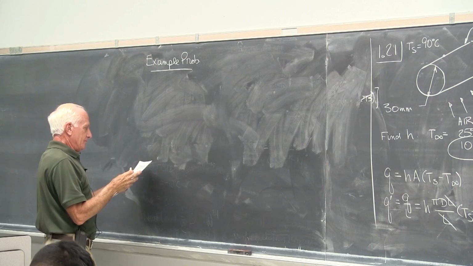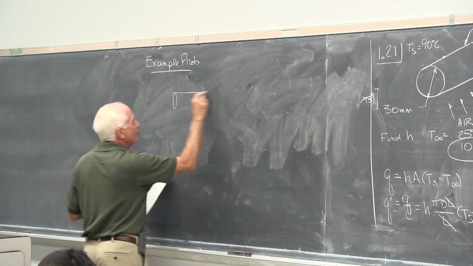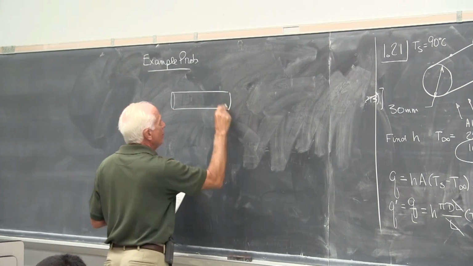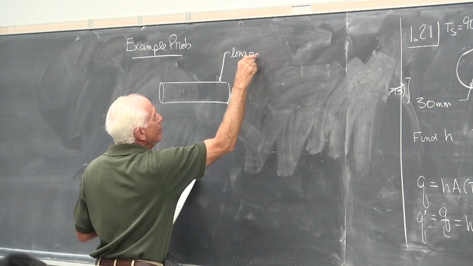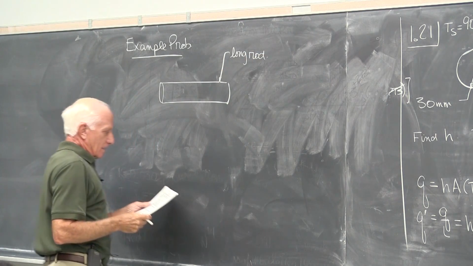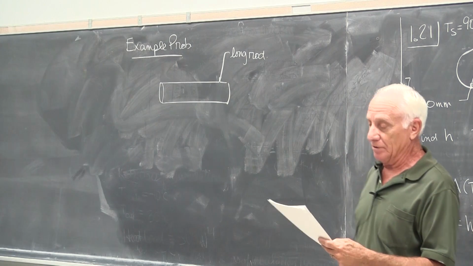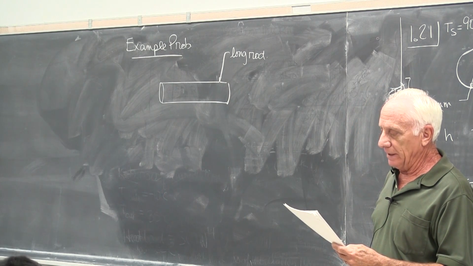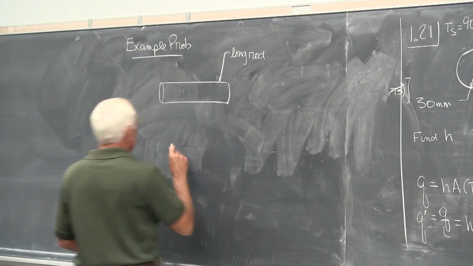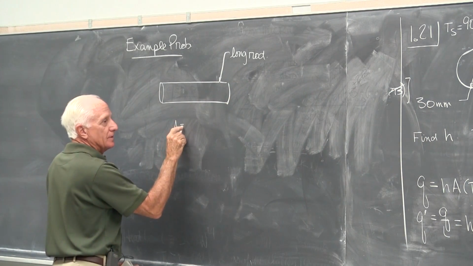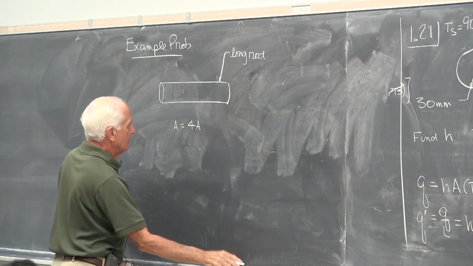It's a long rod. Let me read it, because this isn't a complete statement of the problem. It's conducting 4 amps of current. So the amperage through this rod is 4. Current I, not A.